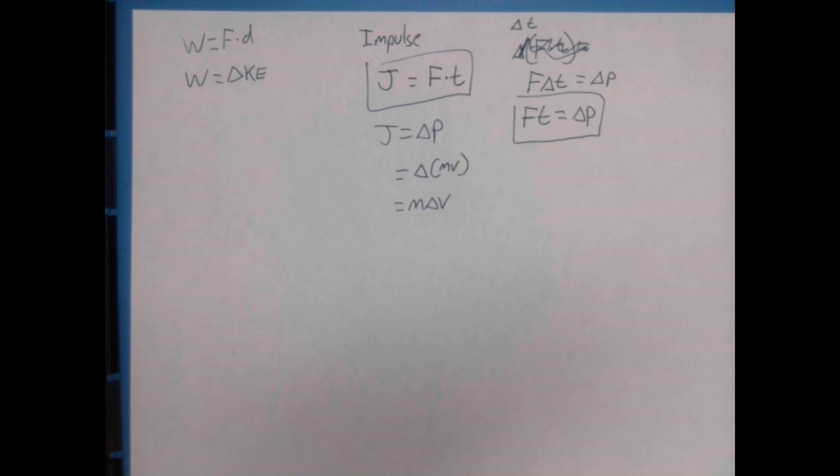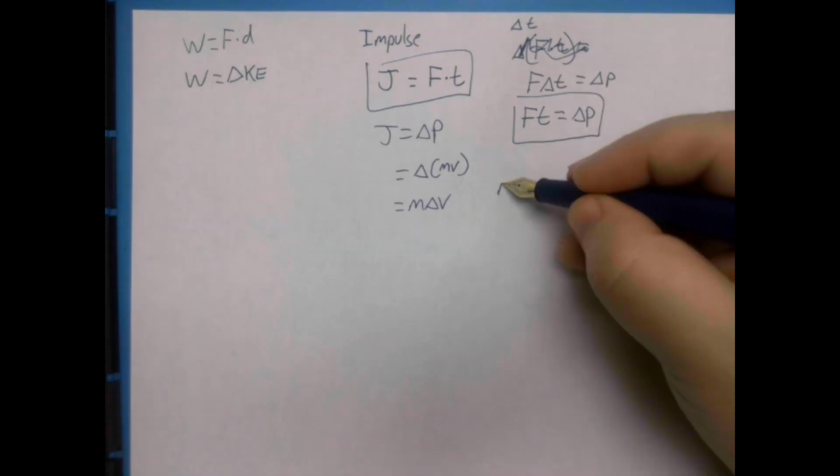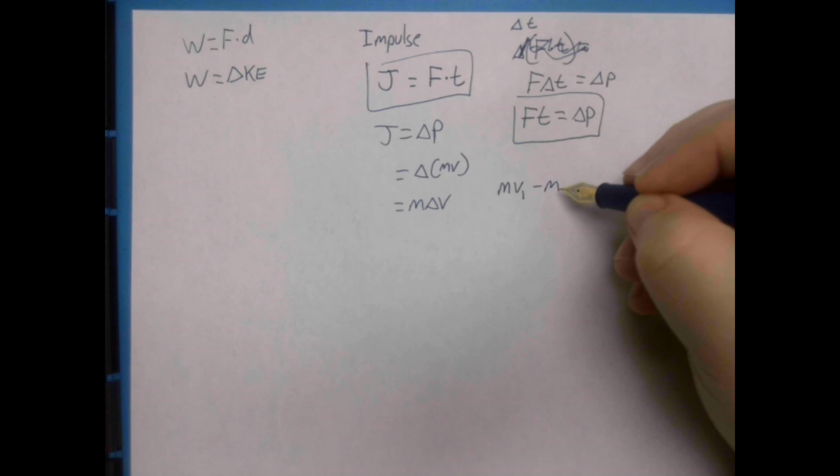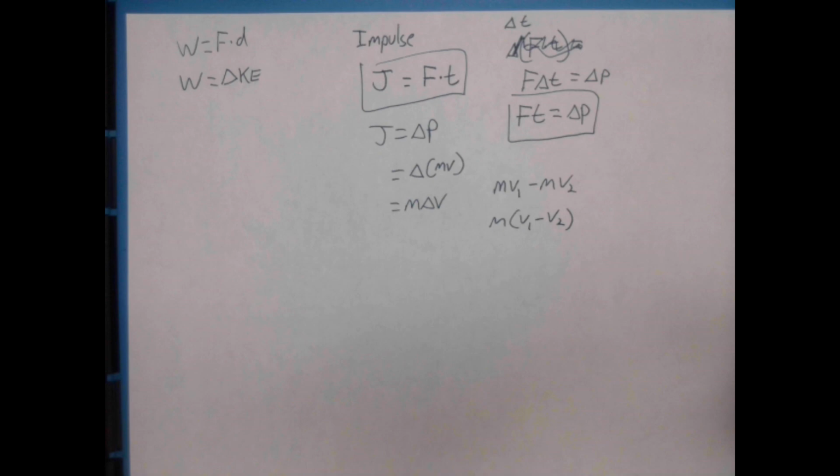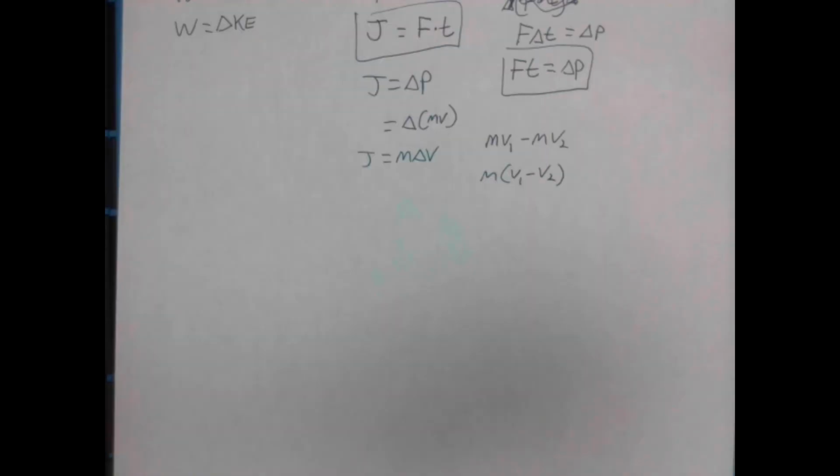The reason this works is that we have mass times velocity 1 minus mass times velocity 2, and you can factor out the mass. Right?